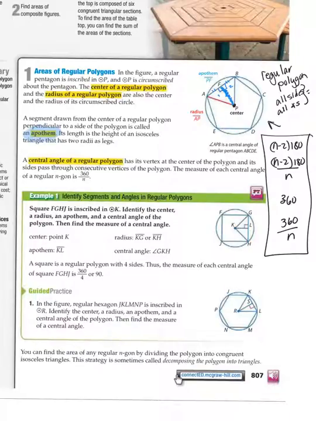It's also important to notice that the central angle of the regular polygon has its vertex at the center of the polygon, and its sides pass through consecutive vertices of the polygon. So angle BPA, right in here, is a central angle, and to find that angle, I take the 360 degrees in the circle and I divide it by how many sides my polygon has.